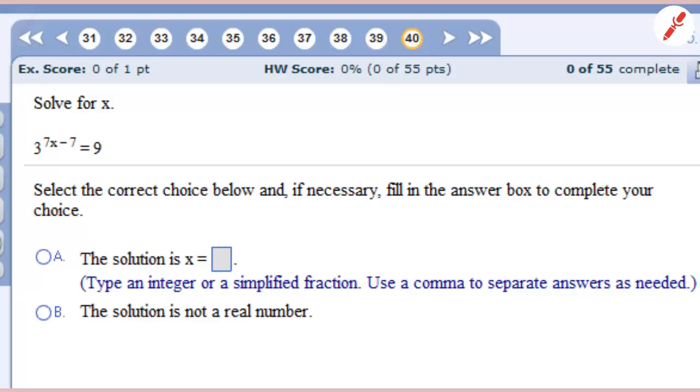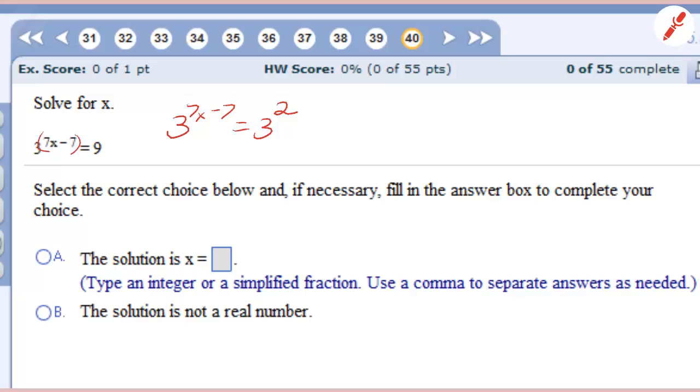Now we have 3 to the 7x minus 7 power equals 9. Well, there's an easy way to do this, easier than taking the logarithm of both sides. I have 3 to the 7x minus 7 power, and I happen to know that 9 is 3 to the 2 power.